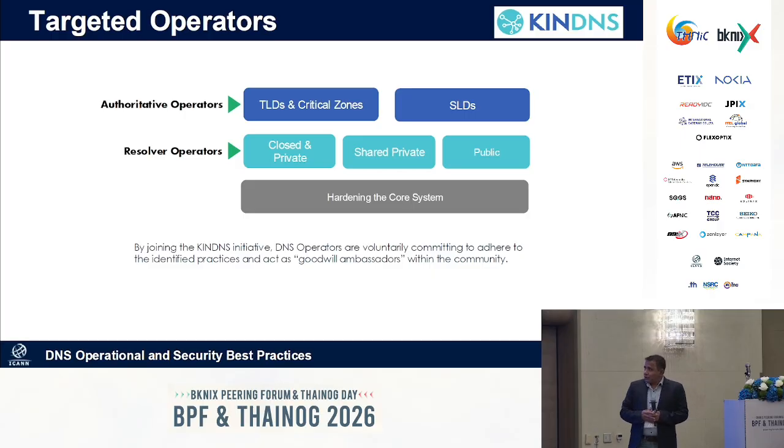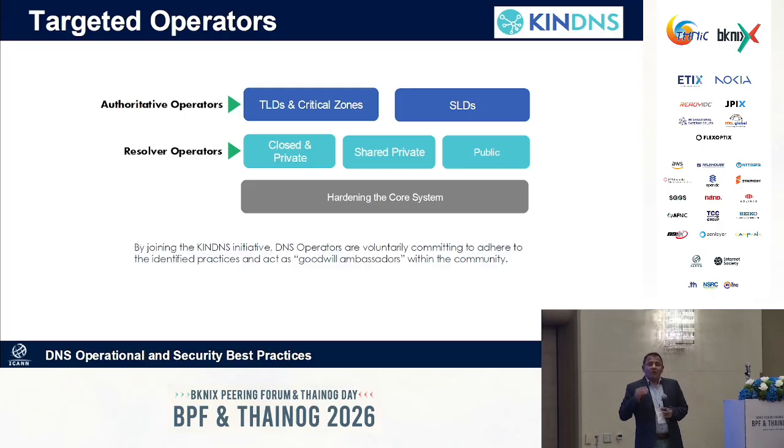So if you are managing any critical zone, if you're managing a top level domain zone, we have stricter security practices that you may have to apply in your infrastructure. But if you are second level domains, you probably don't have to go to that extent of top level domains, but still it's always good to follow certain practices.